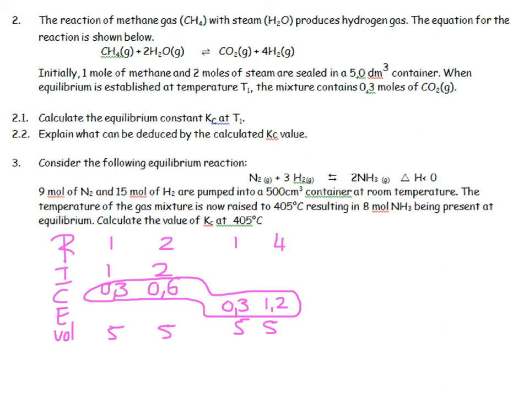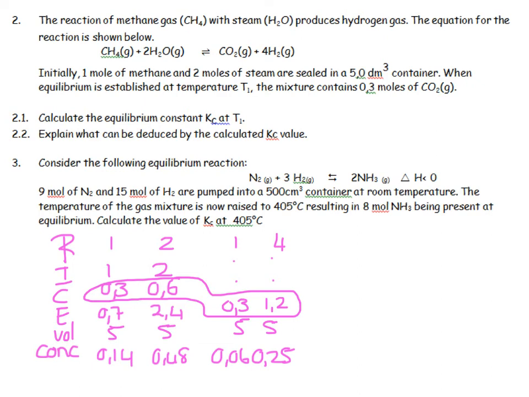So that's where the ratio is in that little sausage over there. And now I do a subtraction. 1 minus 0.3 is 0.7. 2 minus 0.6 is 1.4. I didn't start with any of that or consume any of that. And now to get the concentration, I am going to work out each of these by dividing by 5.